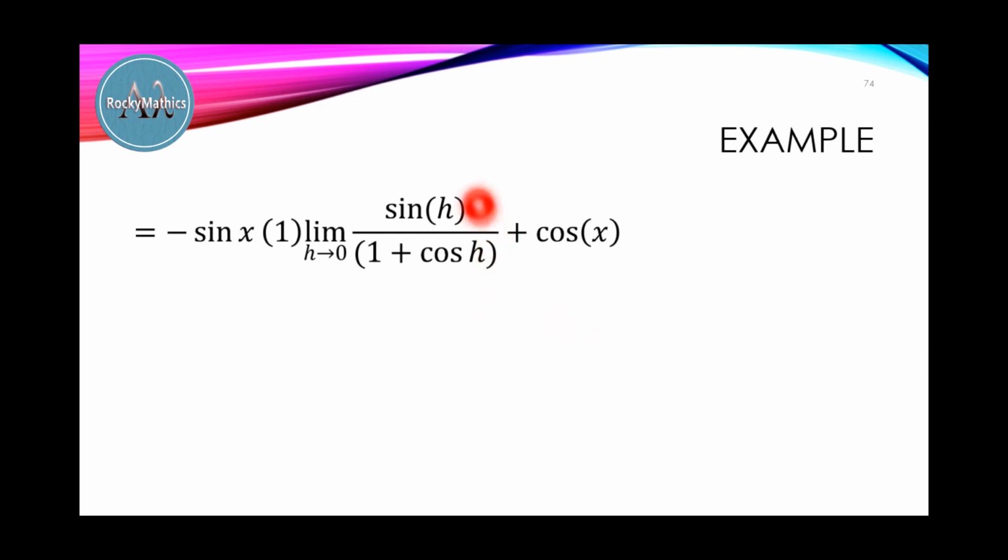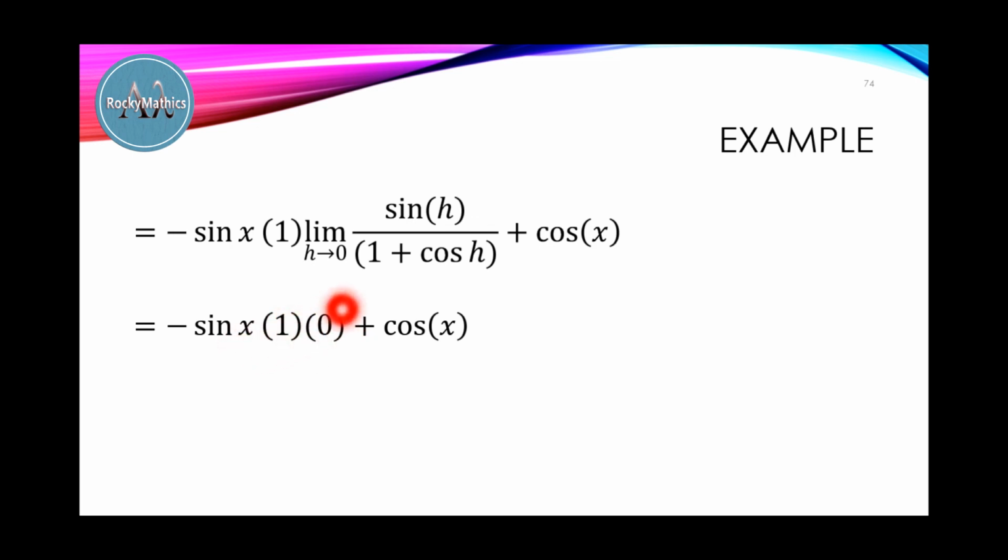Now we have to evaluate the limit of this expression. As h approaches 0, sine of 0 is 0 over 1 plus cosine of 0. Cosine of 0 is 1, so 1 plus 1 is 2. The numerator is 0, so 0 over 2, the whole expression will be 0. So we have negative sine x times 1, which is negative sine x, times 0 is equal to 0.